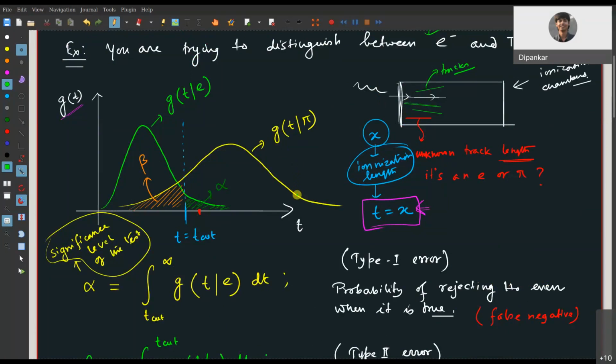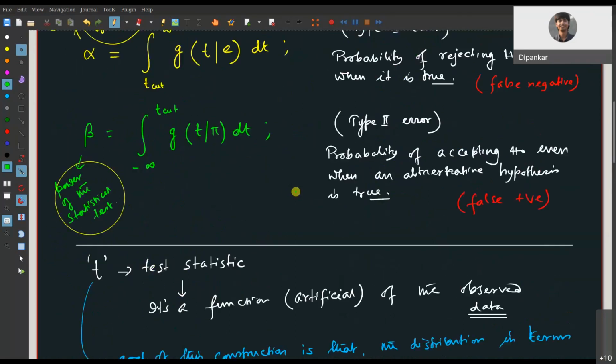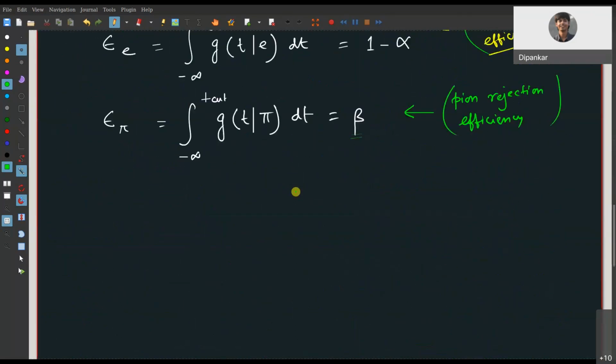That is kind of the Bayesian priors actually. If you think in terms of Bayesian statistics, that is the prior probabilities, how frequent are pions in the first place, then you will worry about this distribution. So you should ideally add the prior fractions of electron and pion.